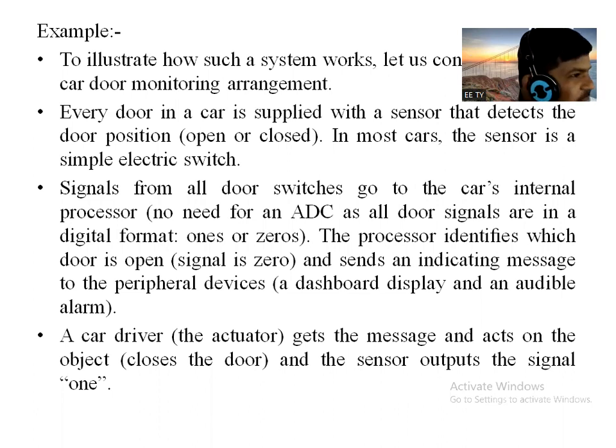So the indication may be door number 4, door number 3, or door number 1, any one door can be open, because the signal obtained from the sensor to the computer via the multiplexer is 0. At that situation, it will read that signal and give some indication message to the peripheral devices.